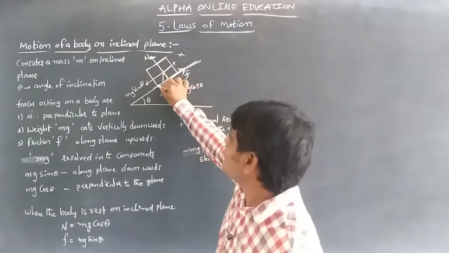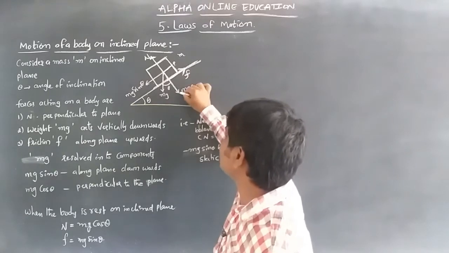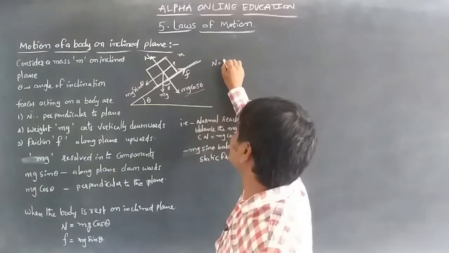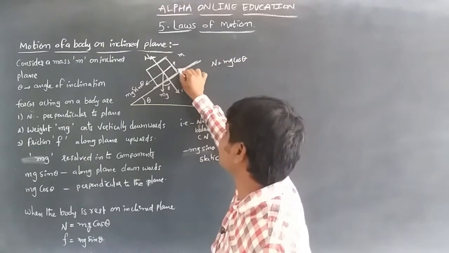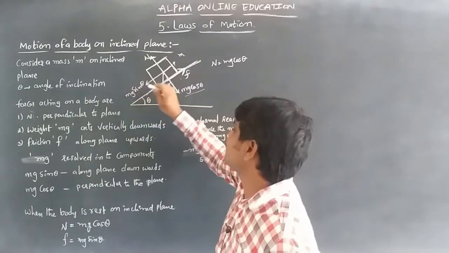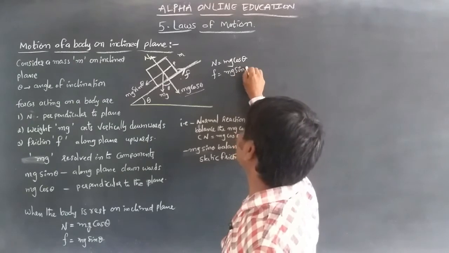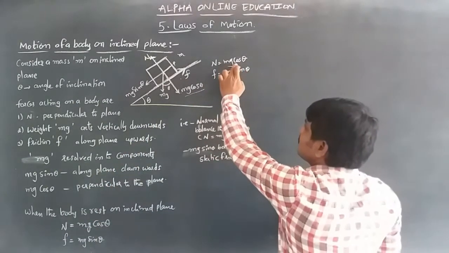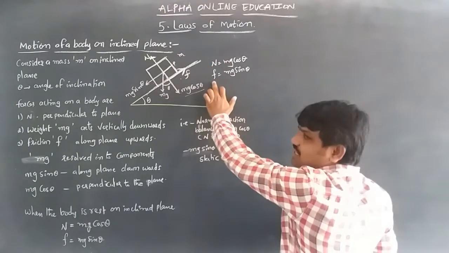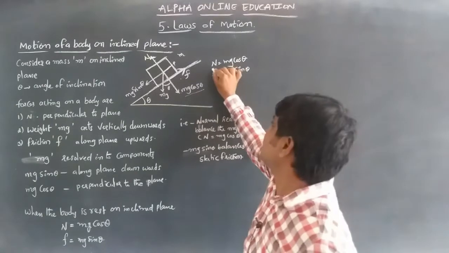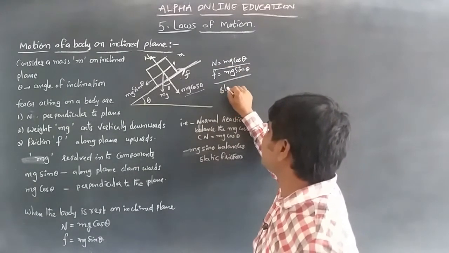When the block is at rest, mg cos theta is equal to N, so N is equal to mg cos theta, and the frictional force acting in this direction has an equal amount of force, mg sin theta, so F is equal to mg sin theta. Here mg cos theta balances the normal reaction, and mg sin theta balances the static friction. So N is equal to mg cos theta and F is equal to mg sin theta when the block is at rest.